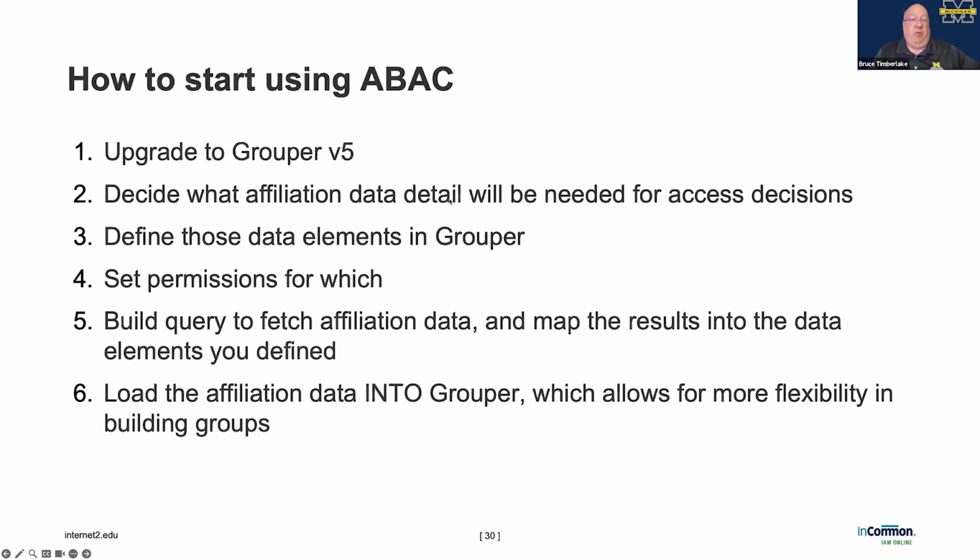So we've protected Grouper itself using a mechanism like that, so that not just any random person who's got a login credential at Michigan can log in and start using it. You have to have taken this class and passed it and have that recorded on your record to be able to get in. So that's a simple example, not using ABAC, but it does a lookup into this course system to see if you passed it when you try to log in. Well, it's kind of ABAC in a way.